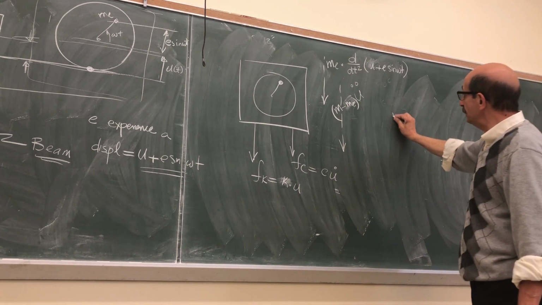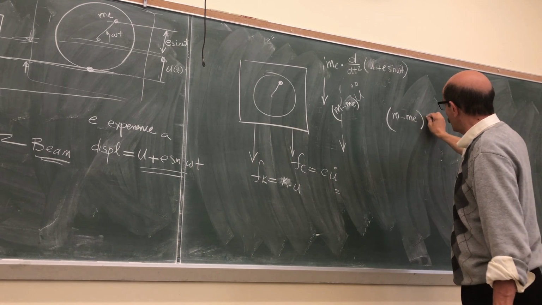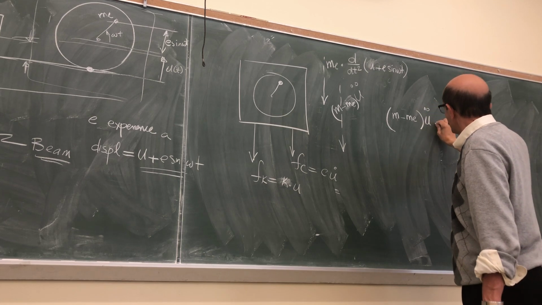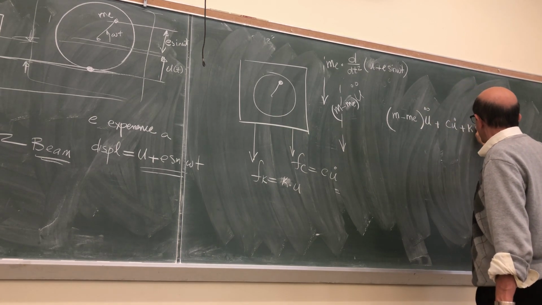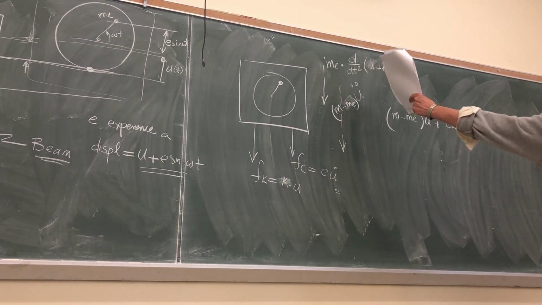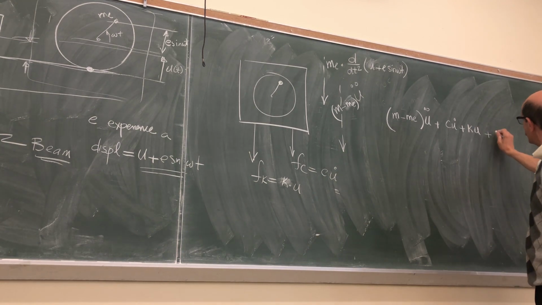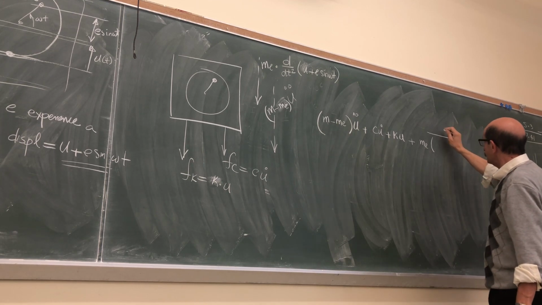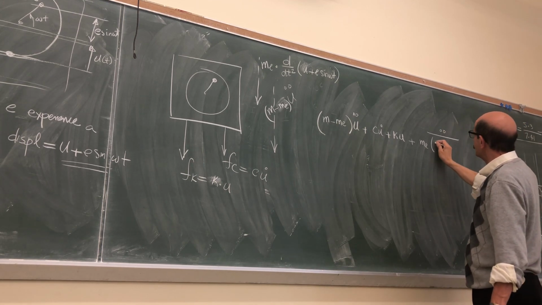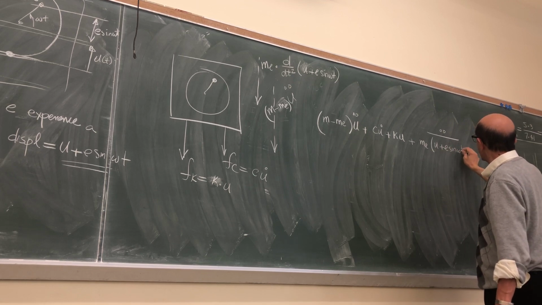So you have M minus M sub E, U double dot, plus C U dot, plus K U, and that would be equal to minus M sub E times the second derivative of U plus E sine omega t.